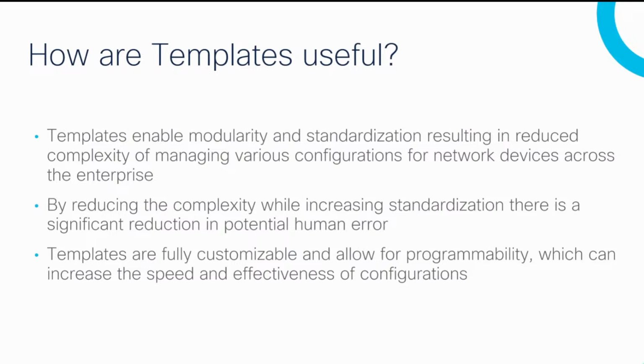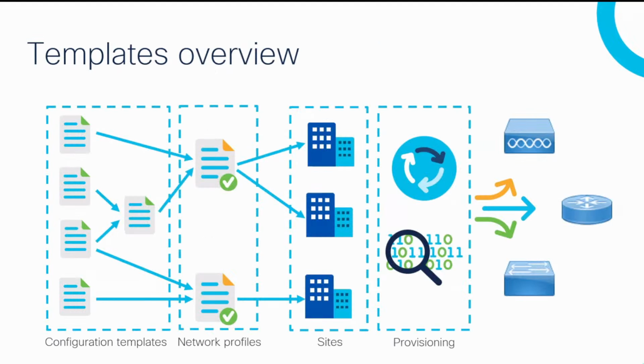So here's a template overview. The first step towards deploying a configuration over to a network device is to actually configure your templates. So this is where, if you used different note editors and made all your base configuration, this is kind of similar to that, but it has a lot more functionality.